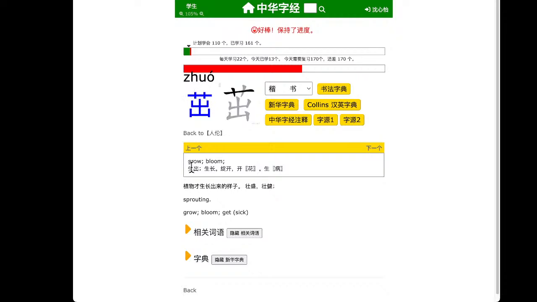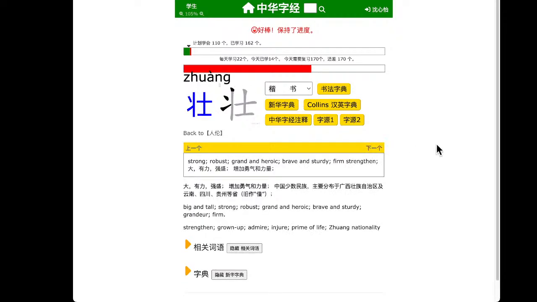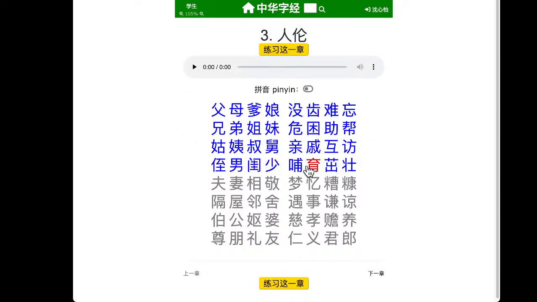And zhuo means sprouting, growing, blooming. Zhuang means strong and robust and brave, sturdy, firm. So here, 直男归少, this refers to the boys and girls, the children. And you feed them and you raise them so that they grow up healthy and strong, basically.